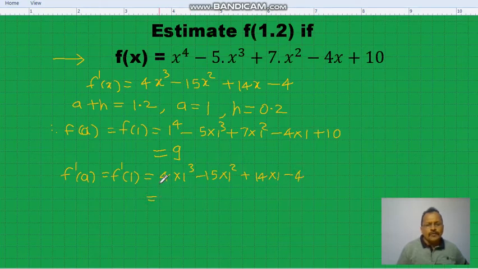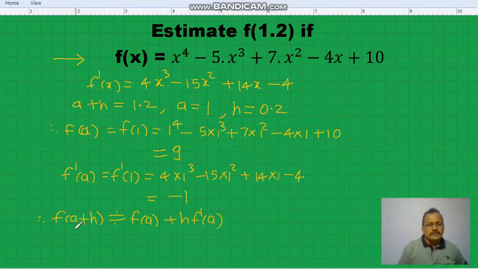It is equal to 4 plus 14, 18, 18 minus 15 is 3, 3 minus 4 is minus 1, and therefore f of a plus h approximately equal to f of a plus h f dash a gives us f of 1.2 approximately equal to f of a, which is 9, plus 0.2 into minus 1.